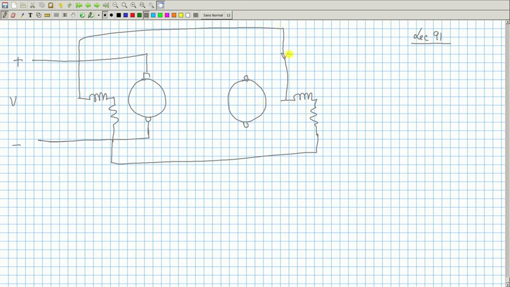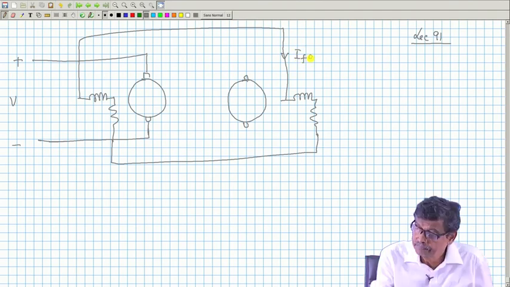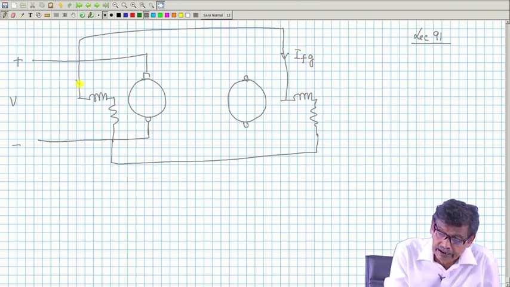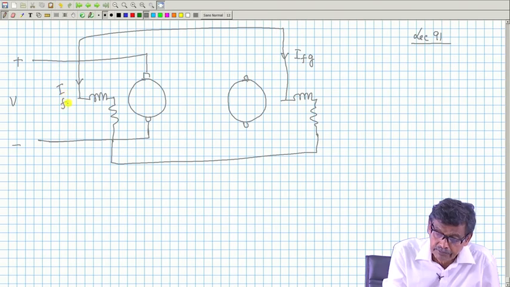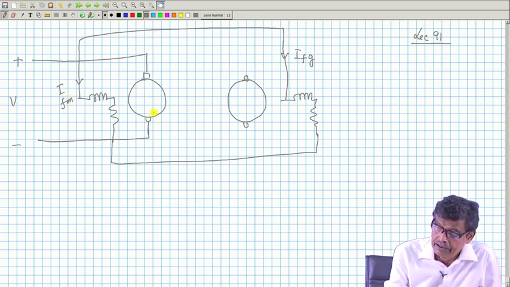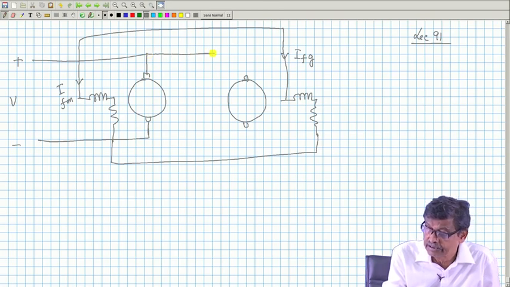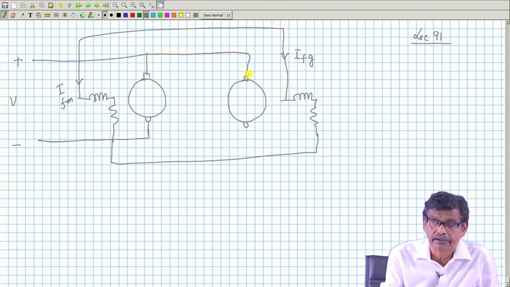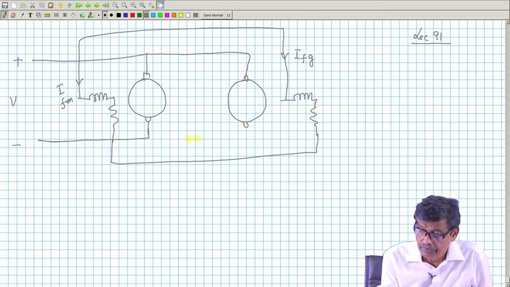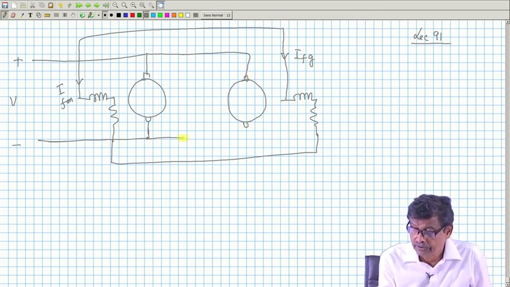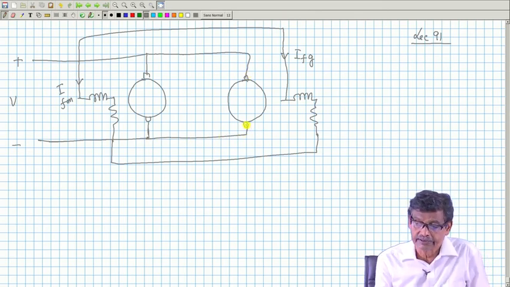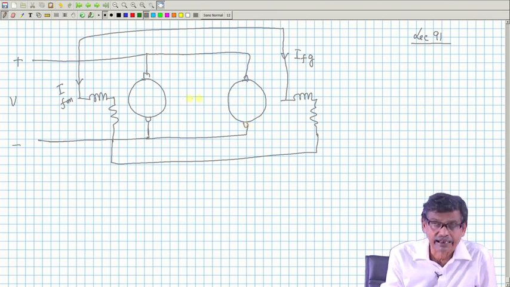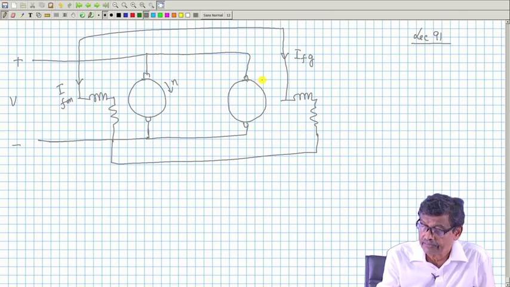This current is IFG and this current is IFM. These two armatures are eventually paralleled. Some conditions to be fulfilled, that I told you, it is connected like this, and these two motors are mechanically coupled, so they cannot but run at the same speed n.